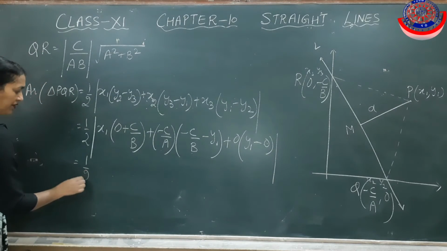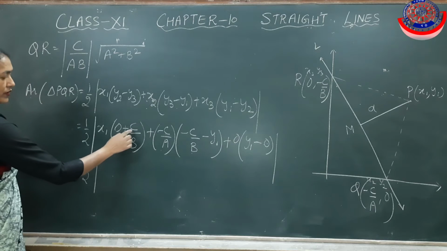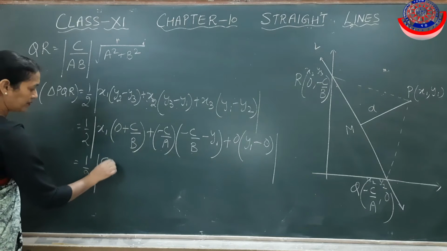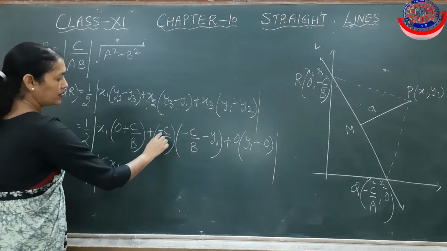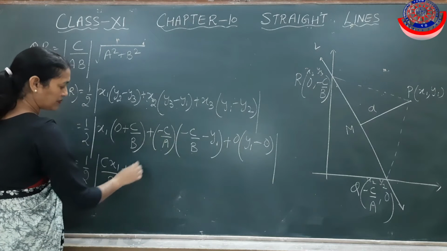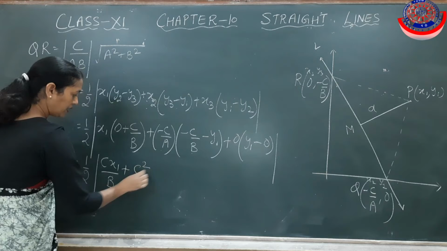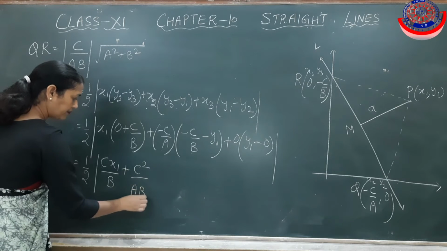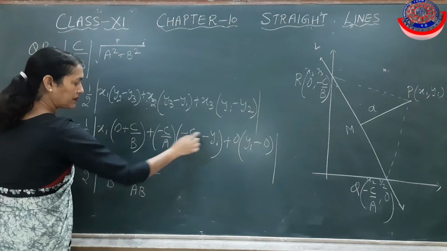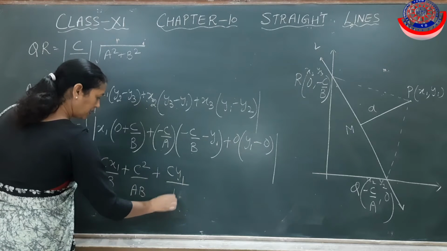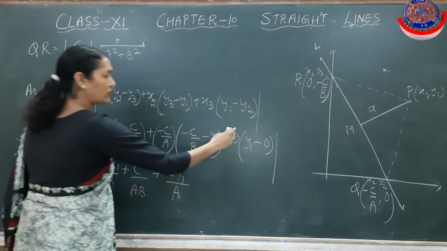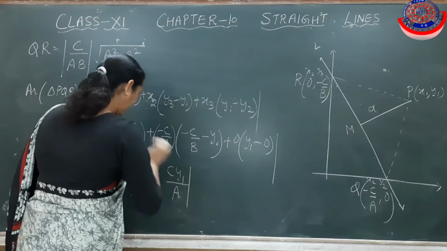So now half, what have we got? c into x1 upon b. Here c, minus and minus becomes plus, c square upon ab. Multiplied with this, we get c y1 upon a. This whole term has become 0.